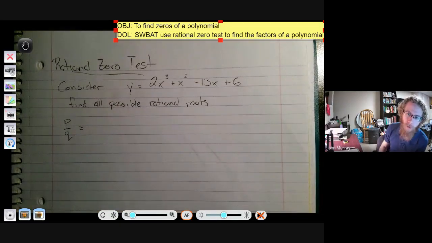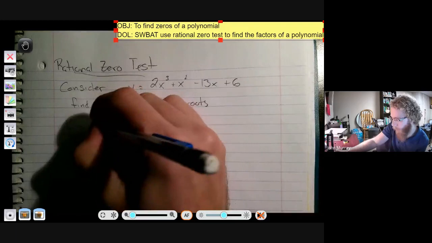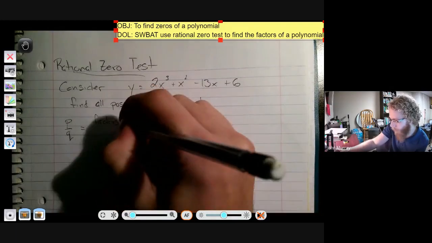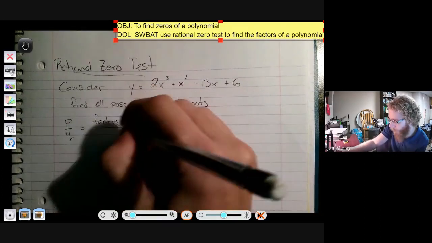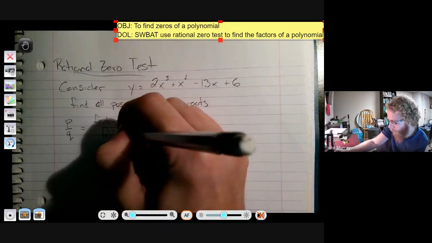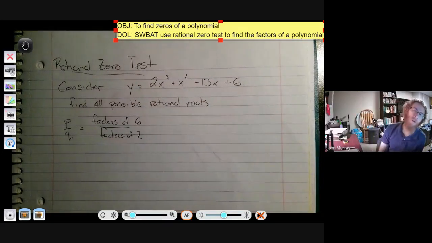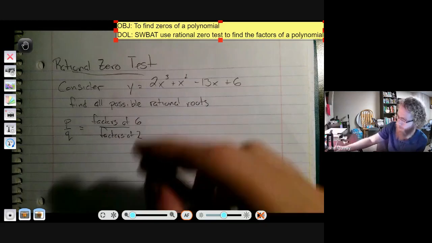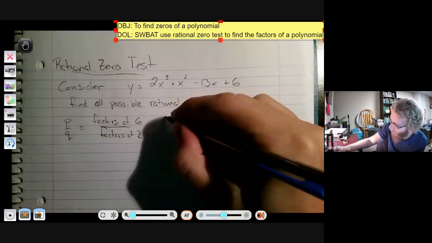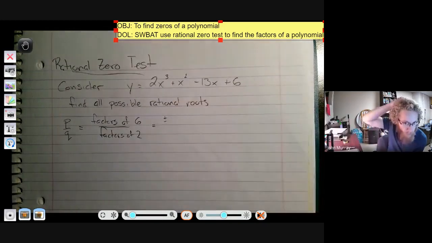So I'm just going to write, in the numerator, factors of 6, and then in the denominator, the factors of 2. So I'm going to add the plus or minus.